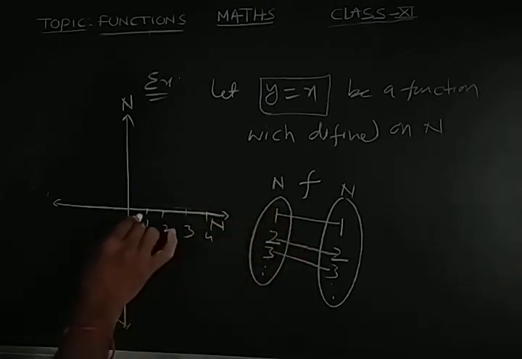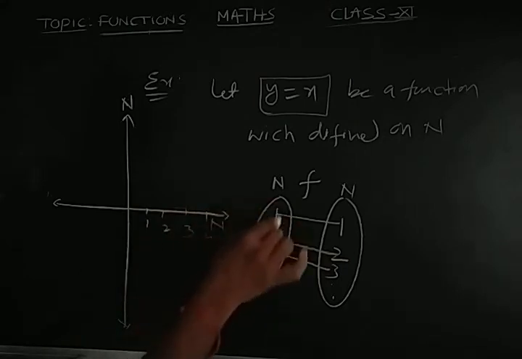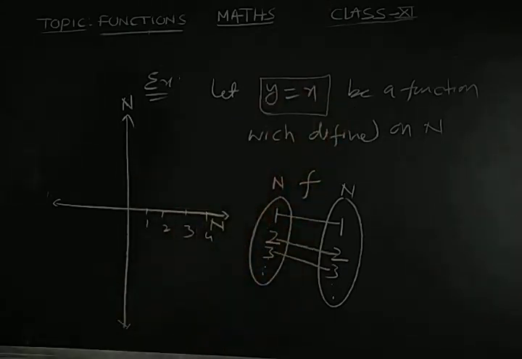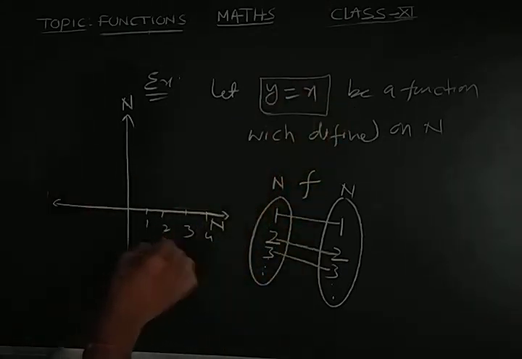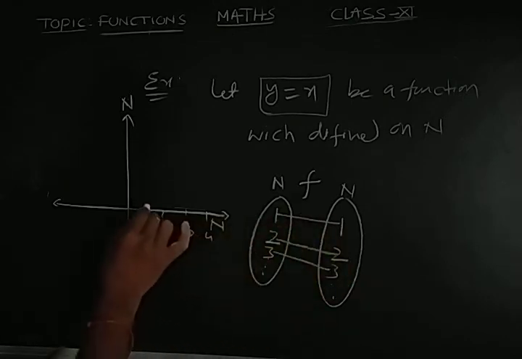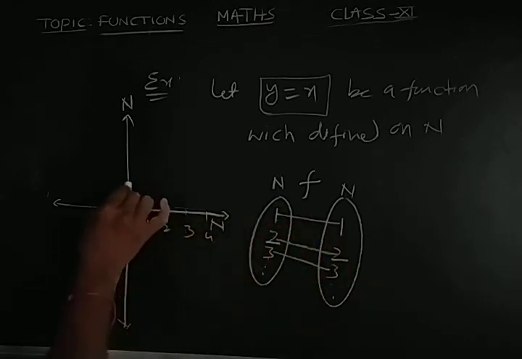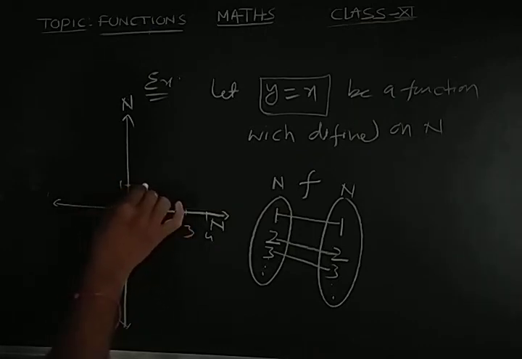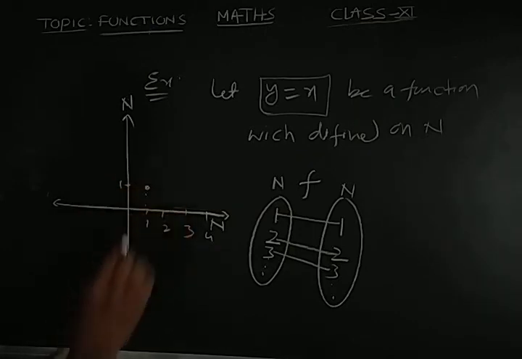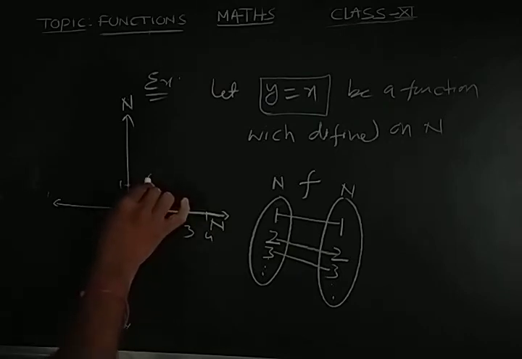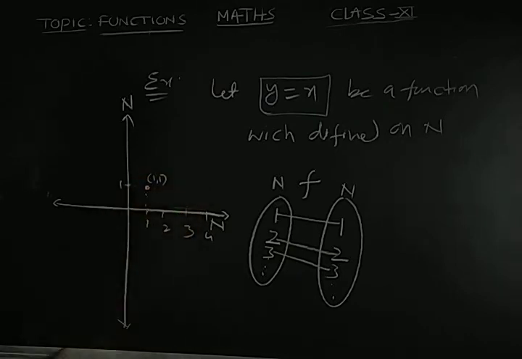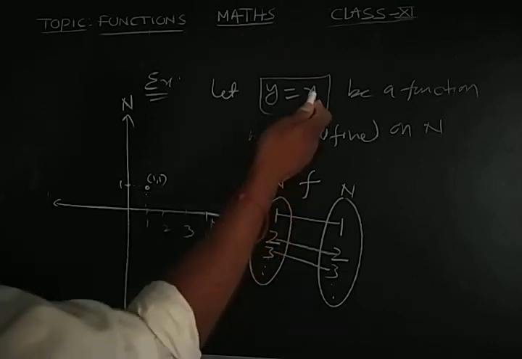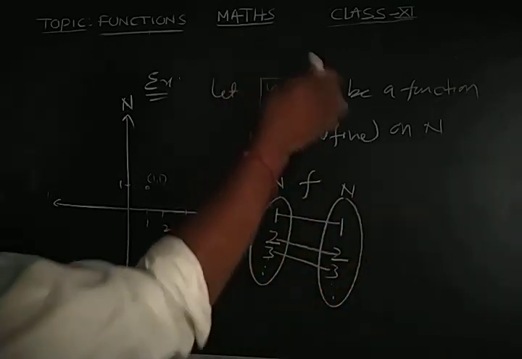These are domain values, the x values. Here 1 is related with 1, so if x is 1, then y is also 1. We can represent that ordered pair here, the point (1, 1). If 2 is the x value, then y is also 2 from this definition.